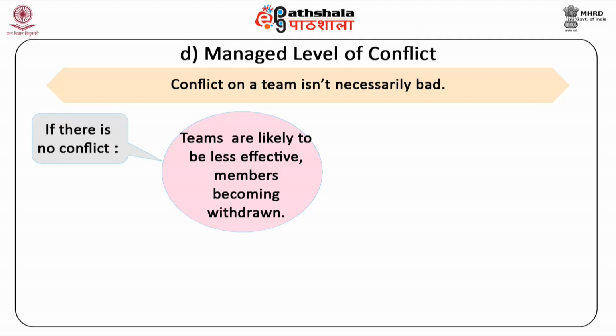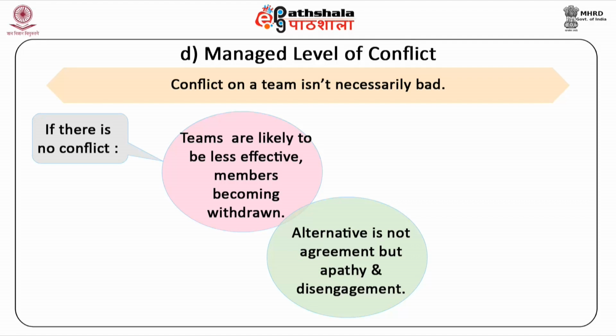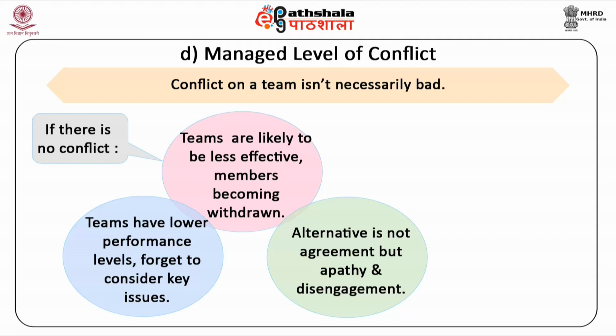Often, if there is no conflict, the alternative is not agreement, but apathy and disengagement. Teams that avoid conflict also tend to have lower performance levels, forget to consider key issues, or remain unaware of important aspects of their situation.